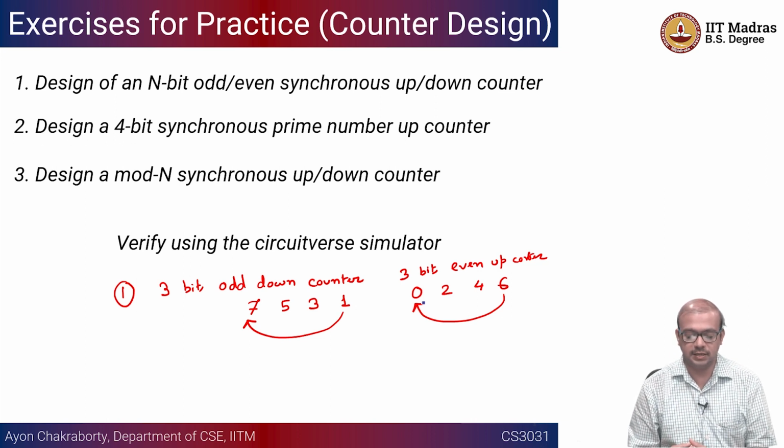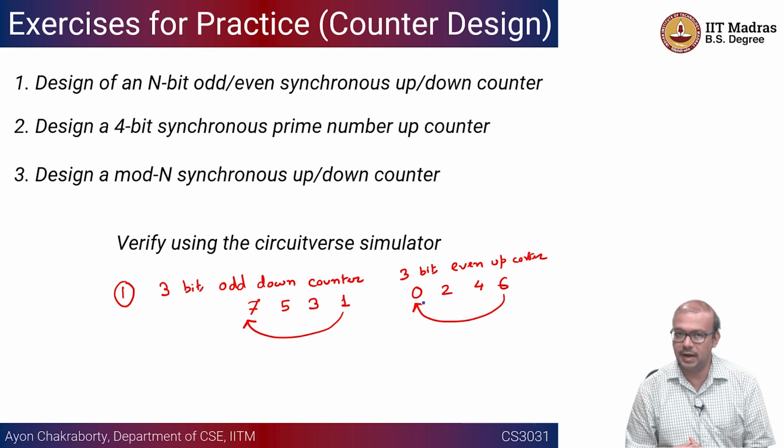The other interesting thing which is going to have a lot of different applications is a mod n counter, okay. So the mod n counter is going to count till n minus 1.